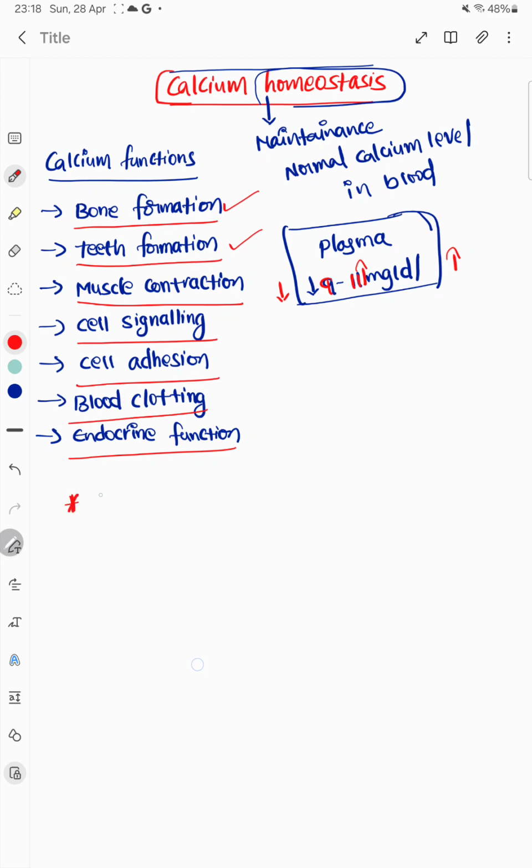The first one is bone. So organs include bone. The next one is kidney, and the third one, I told you 3, so third one is intestine. Okay, and the hormones, I told you 2 hormones are there to maintain the calcium levels normal.